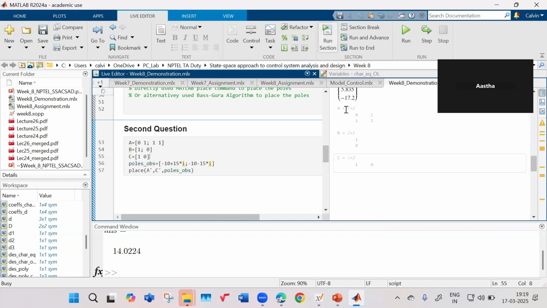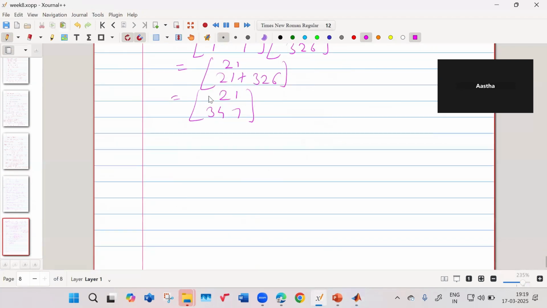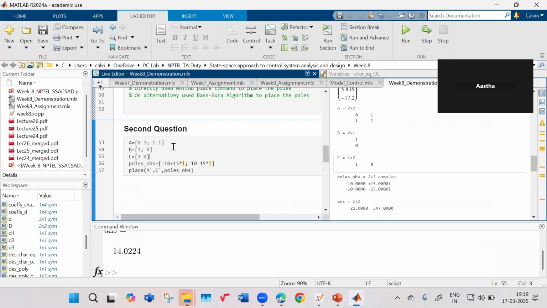Let us run this section. It is running. So we get the gains to be 21 and 347, which we also got over here. So they are matching. We have successfully found the gains of 21 and 347.